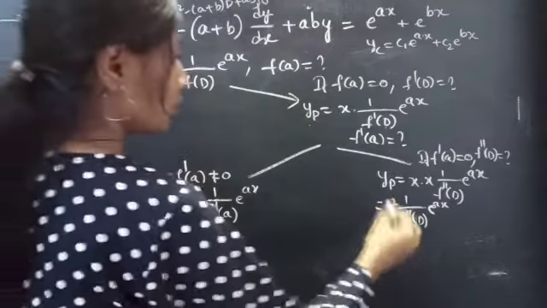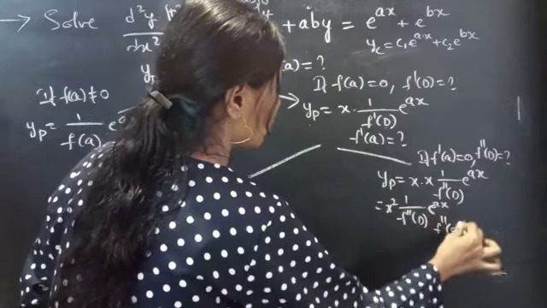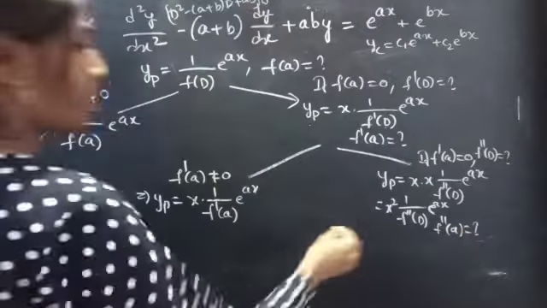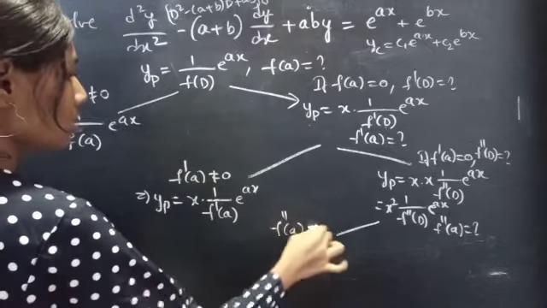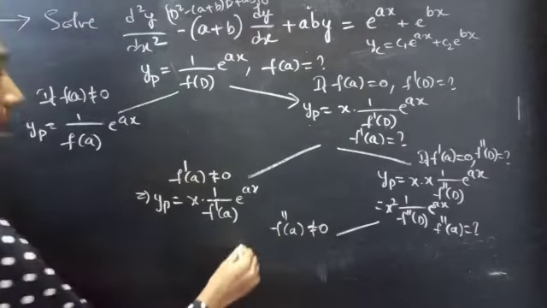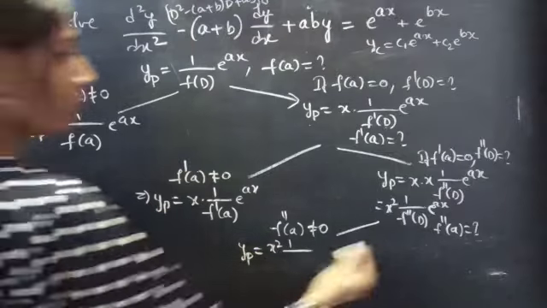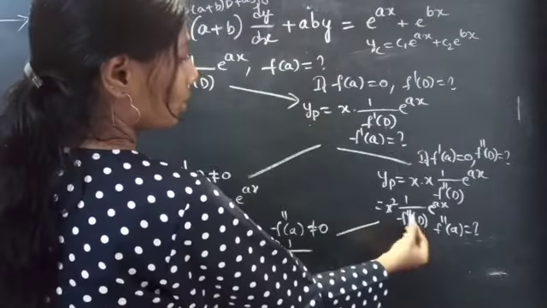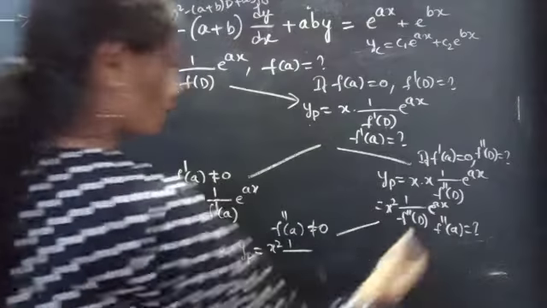So now we need to find f double dash of a. If f double dash of a is not equals to 0, then yp will be x square into 1 by, you can replace the differential operator D in f double dash of D with a.